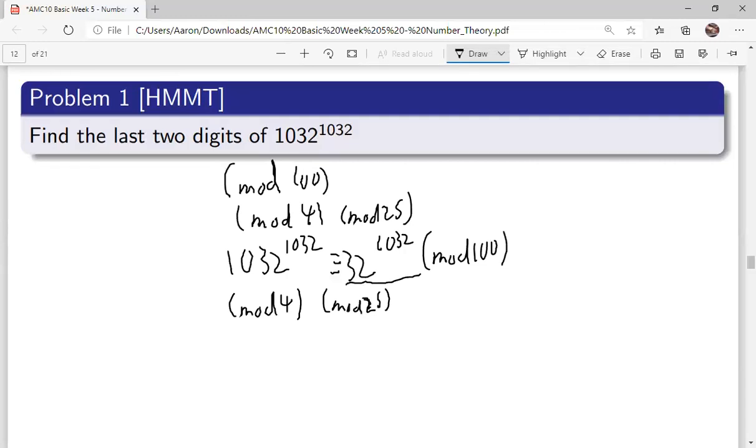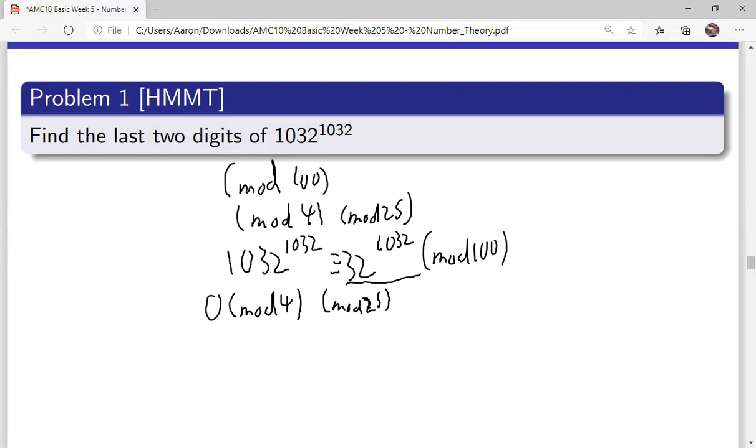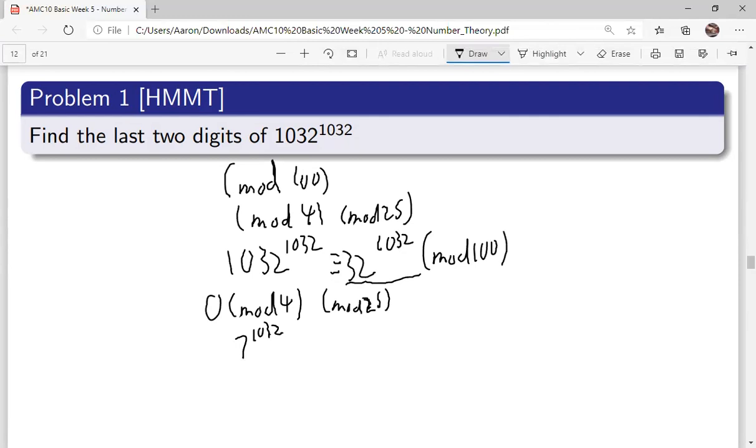So clearly 32 to the 1032 is 0 mod 4. And you can also do some calculations for 7 to the 1032, and that's because 32 to the 1032 is congruent to 7 to the power of 1032 mod 25. And once you calculate it, you can see that this is congruent to 1 mod 25.